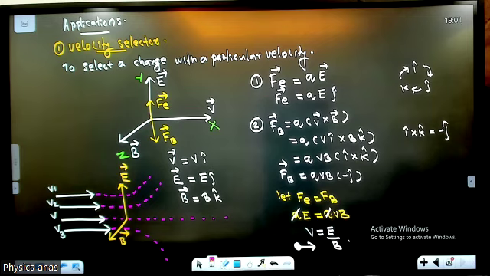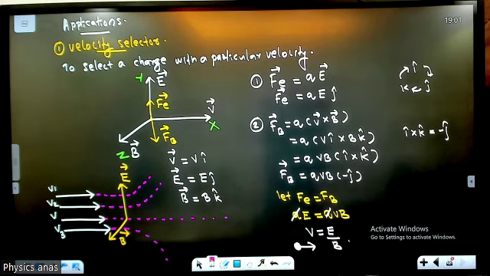Let electric field and magnetic field be acting perpendicular. Q is entering perpendicular to both.